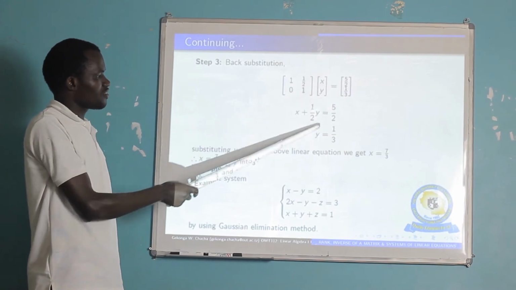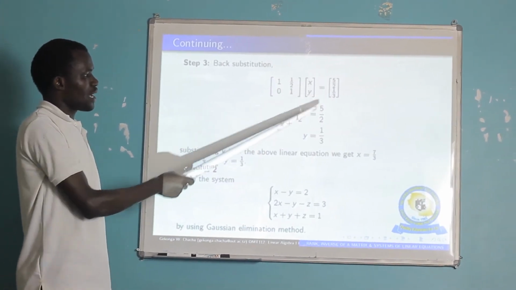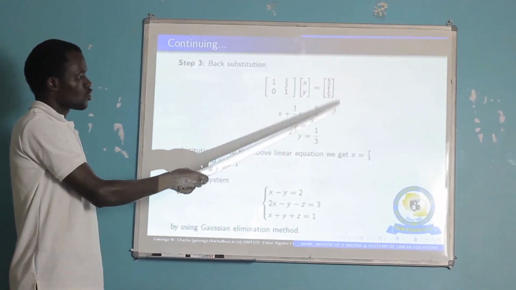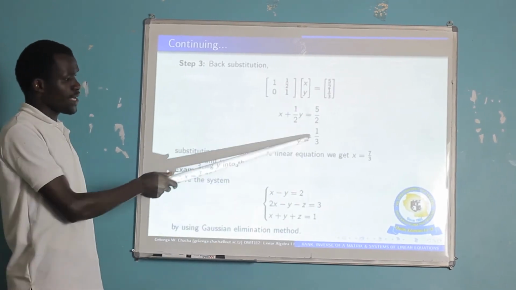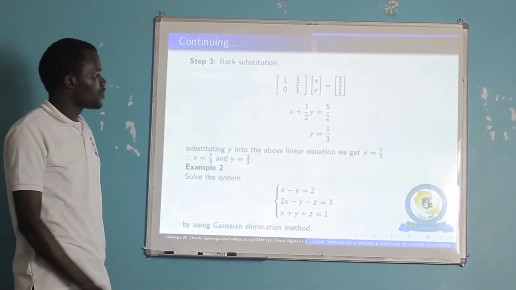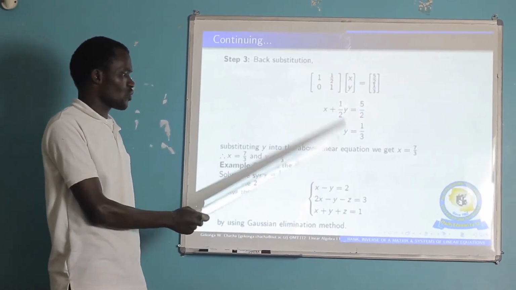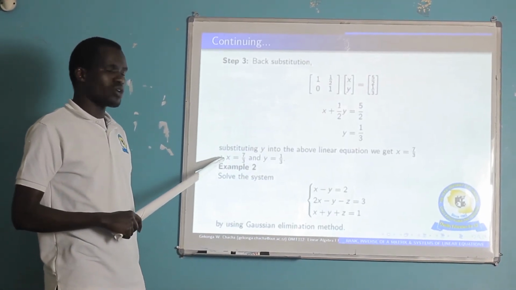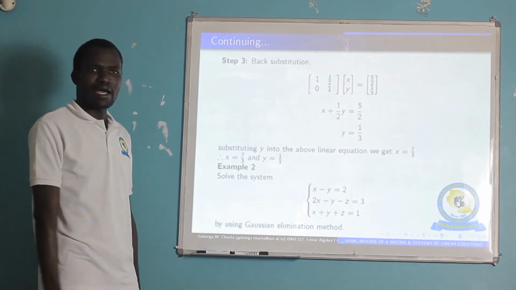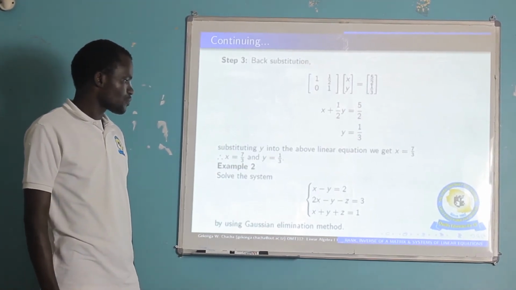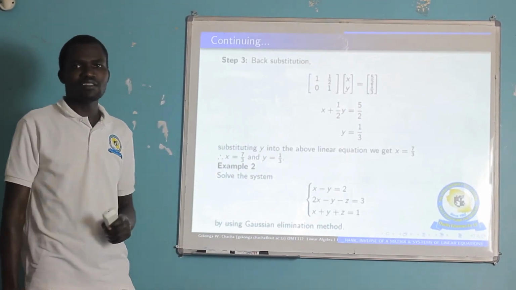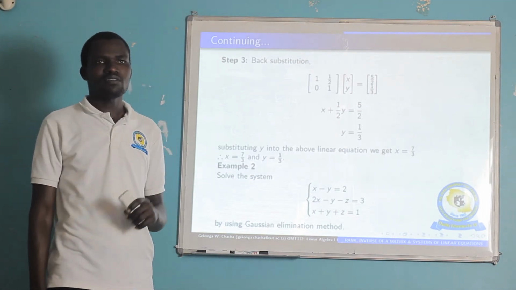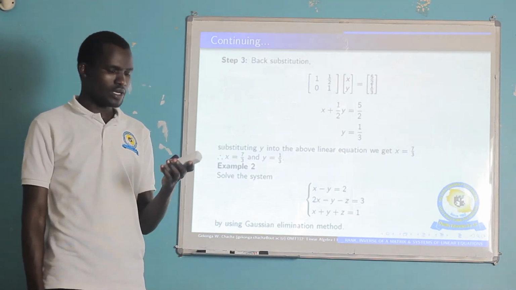Also, 0 times x is 0, and 1 times y is y, equal to 1 over 3. So now we have obtained the value of y, and we substitute into the equation to get the value of x. Now substituting, we obtain x equal to 7 over 3, and y equal to 1 over 3. So that was a system with 2 equations and 2 unknowns.